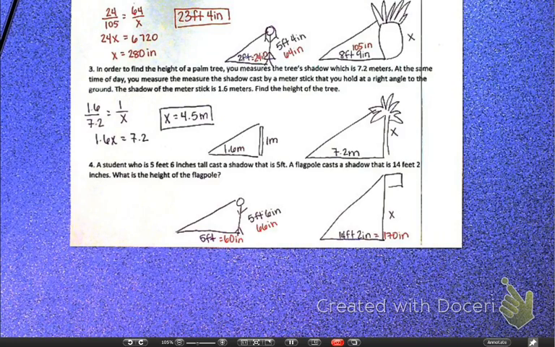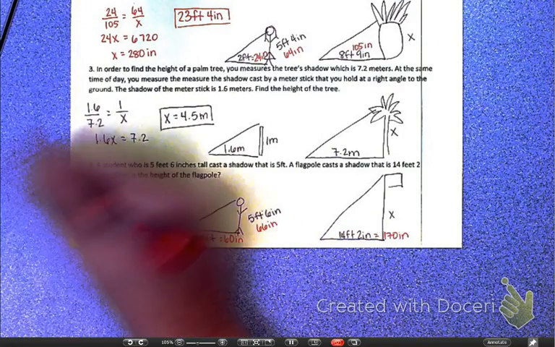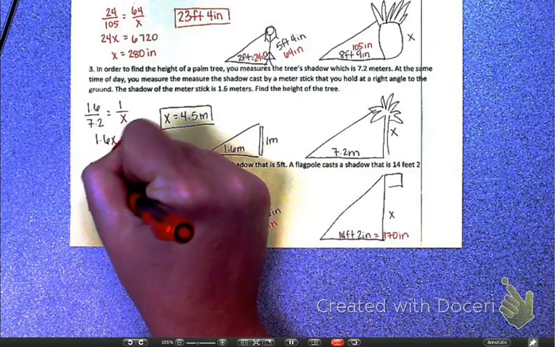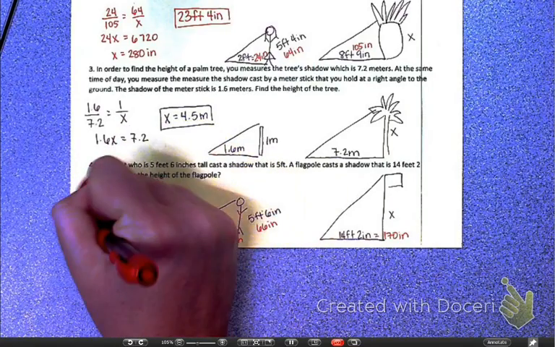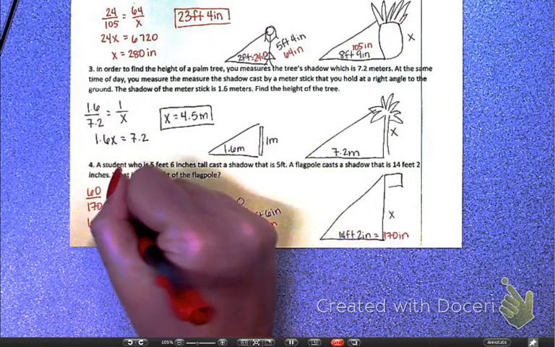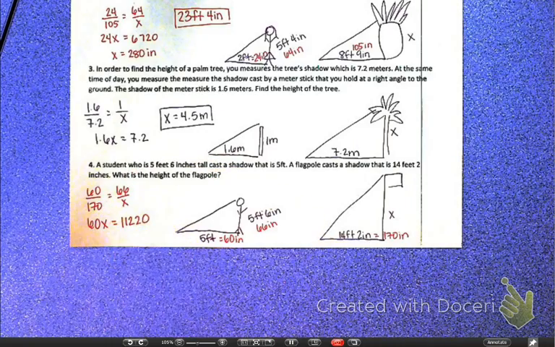Okay, hold on. We're almost done. So 60 over 170 equals 66 over x. When I cross multiply, I get 60x equals 11,220.